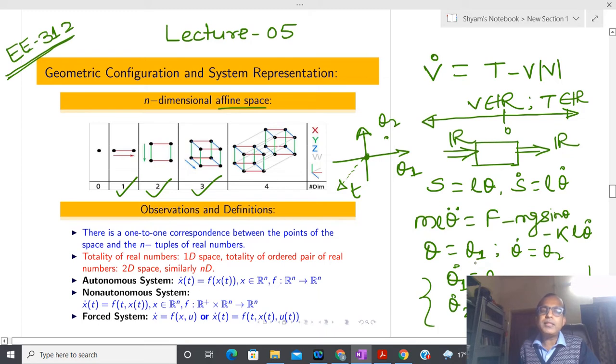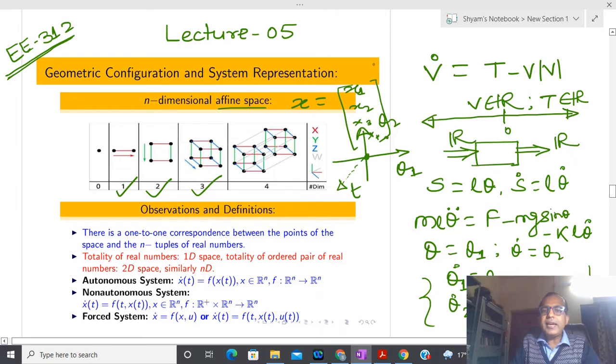So could you now please guess how many real numbers I have in n dimensions? Suppose you just guess for a fourth dimension system. Are you able to convince yourself that I have 4 different real numbers? Does anyone have confusion on this? Then please let me know.